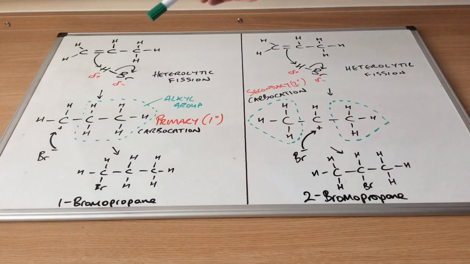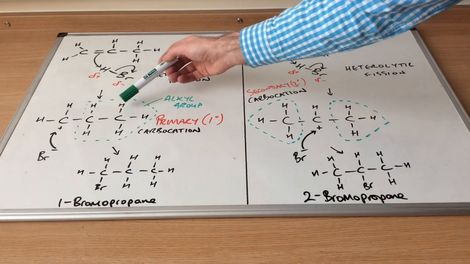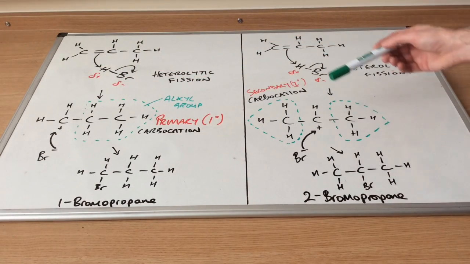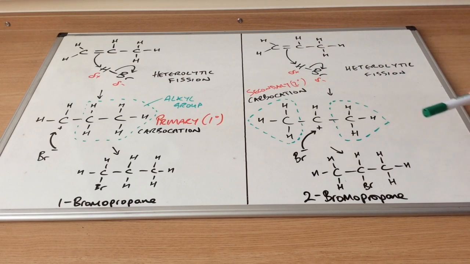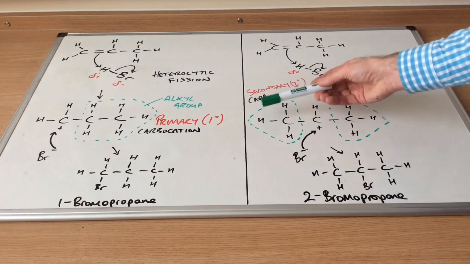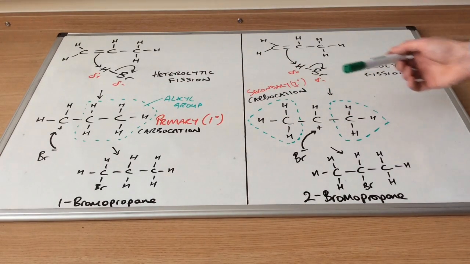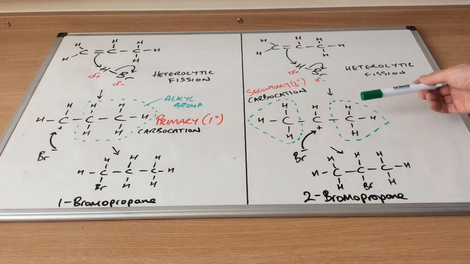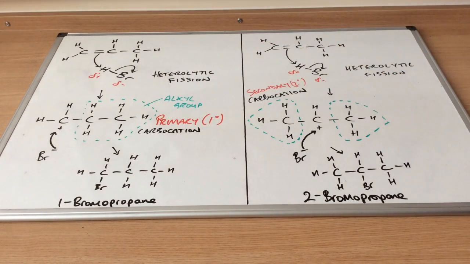So we've got one alkyl group here releasing its electron density versus two alkyl groups in this one releasing its electron density, and therefore this secondary one is able to spread the positive charge around more than the primary. So the secondary carbocation is more stable than the primary one.